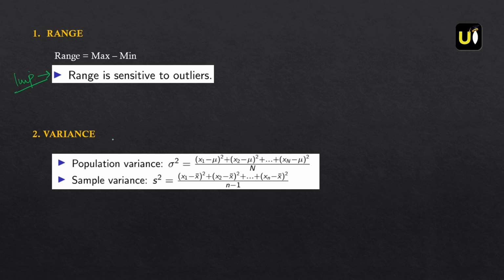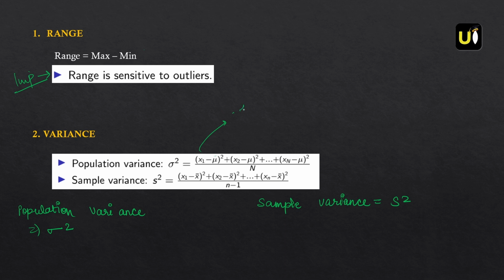Variance. Population variance is denoted by sigma square, and sample variance is denoted by S square. Here the population variance uses the observation minus the population mean.